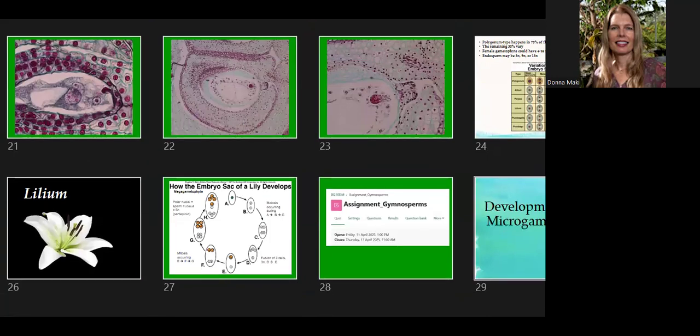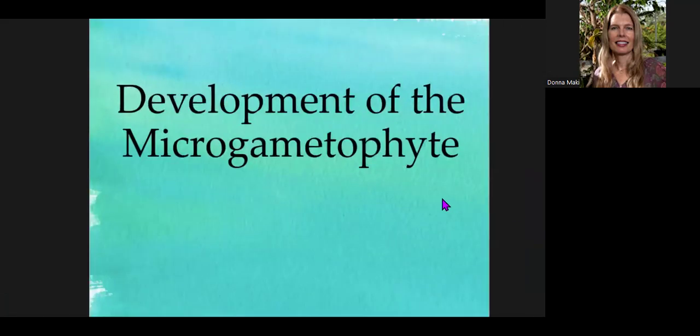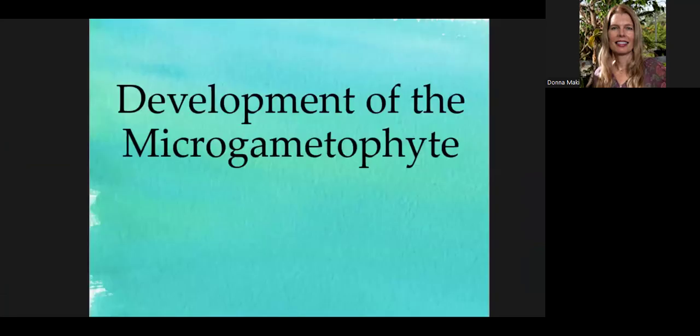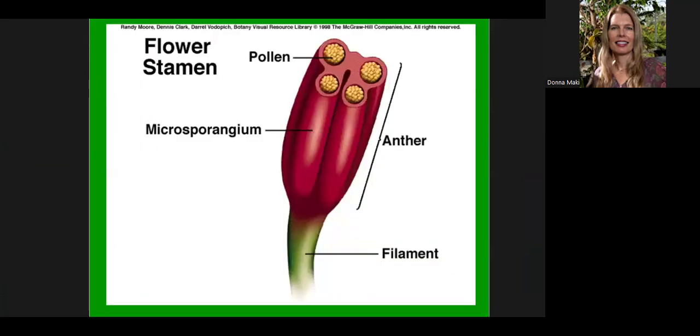Then I wanted to get into the microgametophyte, which is looking at the pollen grains now in the angiosperm. They're a little bit more straightforward than the development of the megagametophyte. So here we're going to go to the male part of the flower, which is the stamen. If you take all the male parts together, you call it the stamen, and we're going to zoom into the anther.